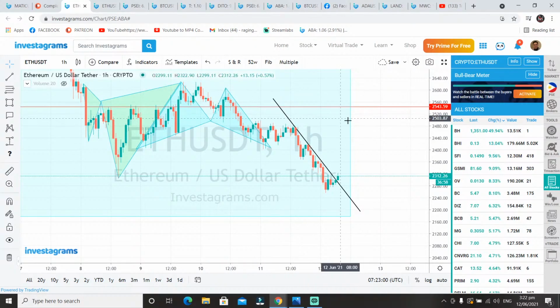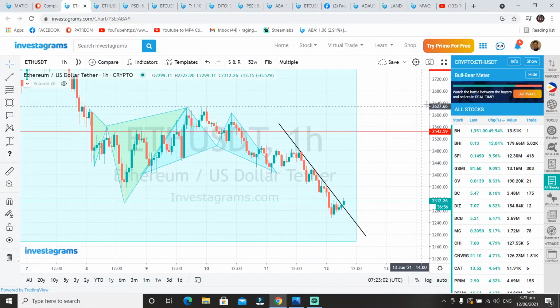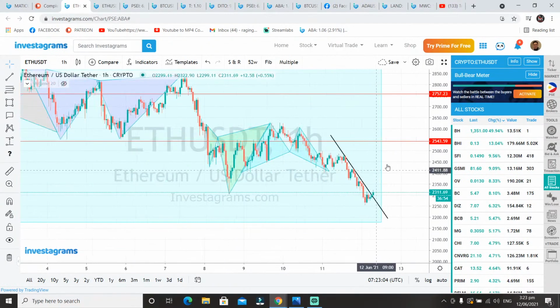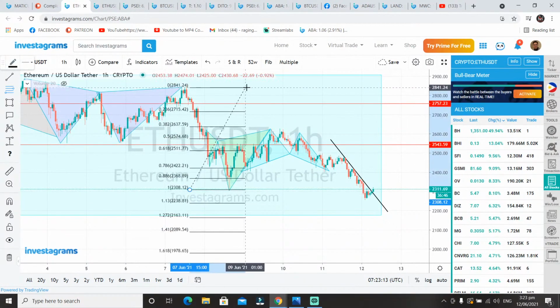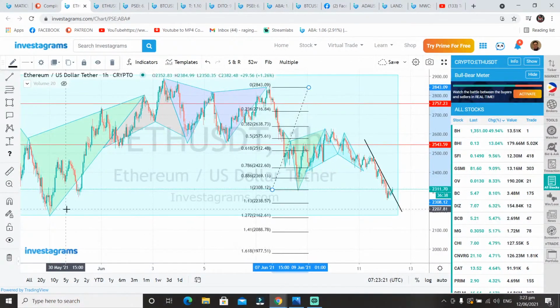So we'll have to wait and observe first. What I'm thinking is it could make a further move down, at least minimum to this one, and actually this makes more sense rather than 113%.